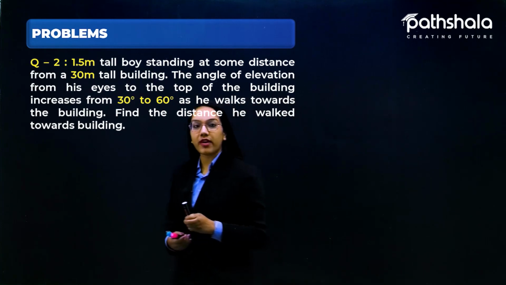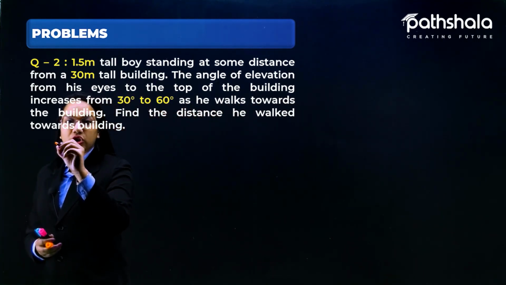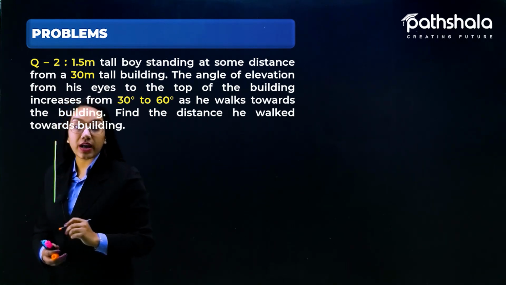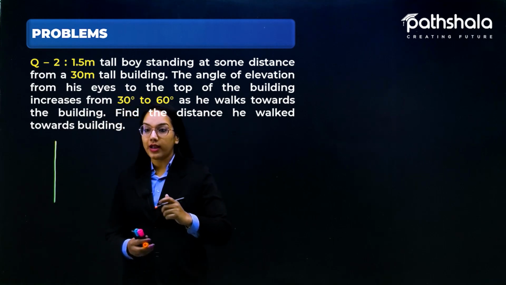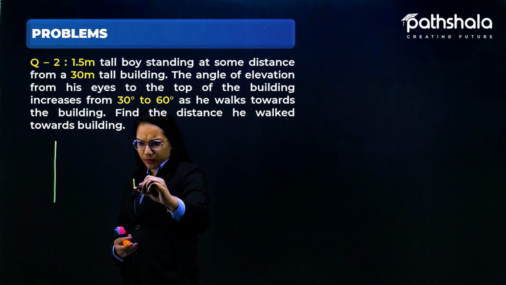So let us start by drawing the figure for this question. Let us suppose this is my building, which is 30 meter tall, and let us take the boy as 1.5 meter tall.